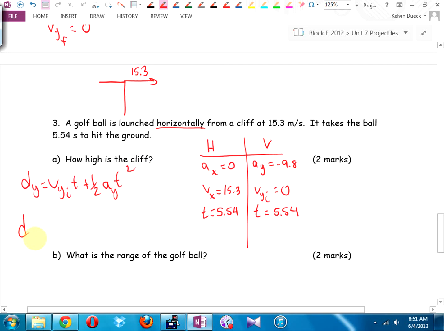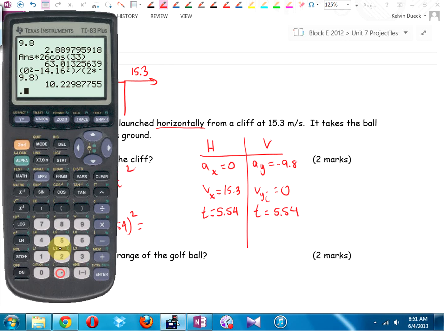Oh, you want the height? It's going to be 0 plus 0.5 times negative 9.8 times 5.54 squared. Now, that's giving me a displacement.